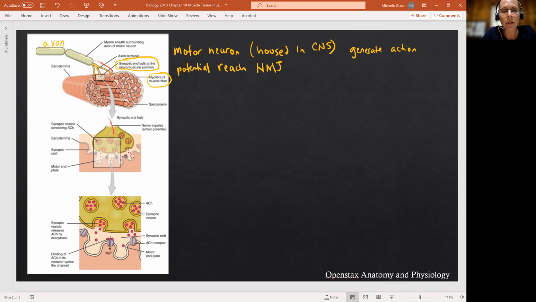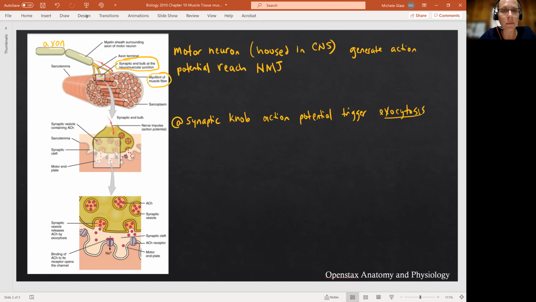Notice in the diagram you have this red electric-looking arrow coming in. That's telling us that the action potential has reached the synaptic knob. So at the synaptic knob, the action potential is going to trigger, and here I'm going to use my term, exocytosis.